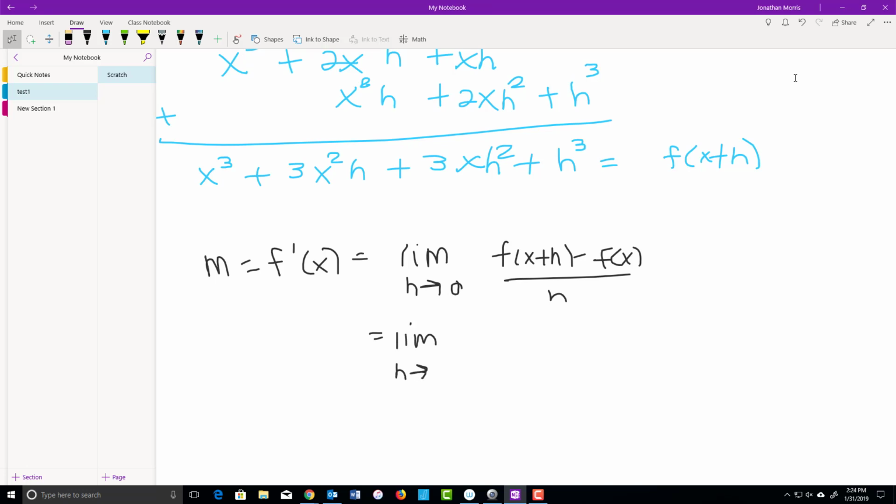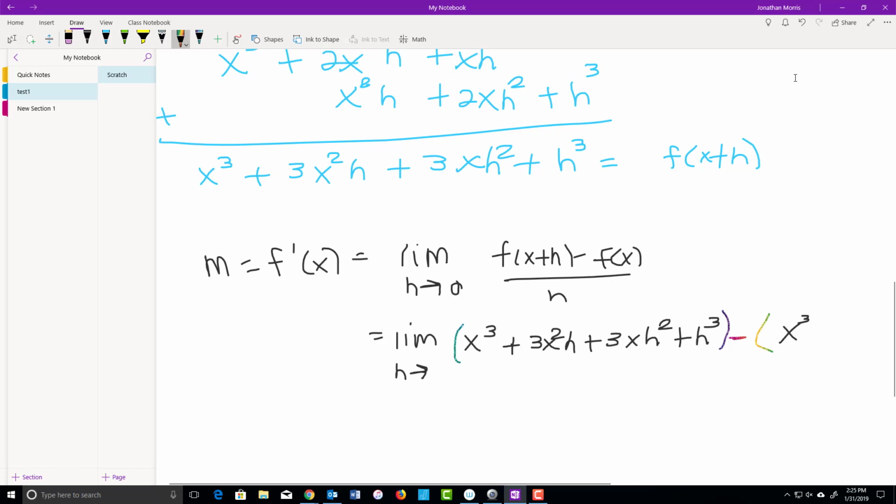as h approaches 0, f of x plus h is x cubed plus 3x squared h plus 3xh squared plus h cubed. That's f of x plus h, minus f of x, which is just x cubed.